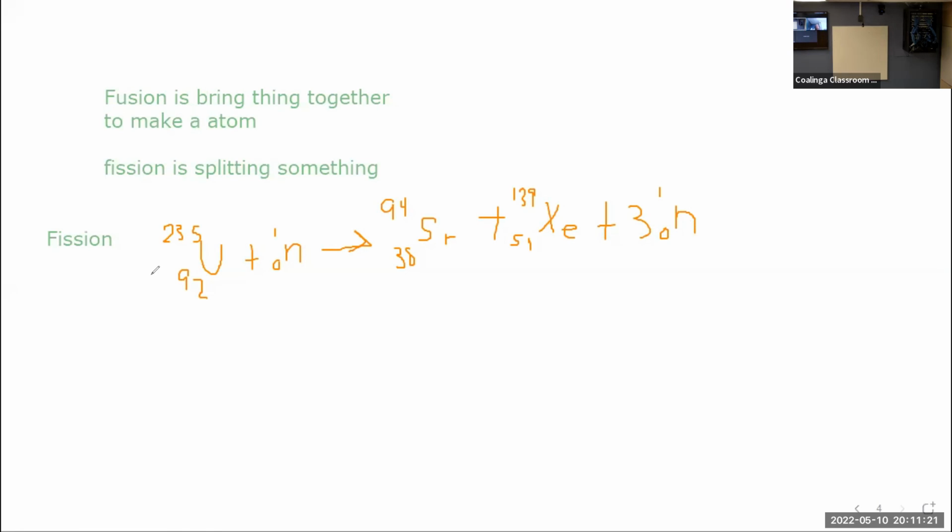Okay, so here we're basically adding a neutron to cause the fission to occur. So we end up with strontium 94 and xenon 139, and then we end up with 3 neutrons. Okay, so that would be an example of fission.